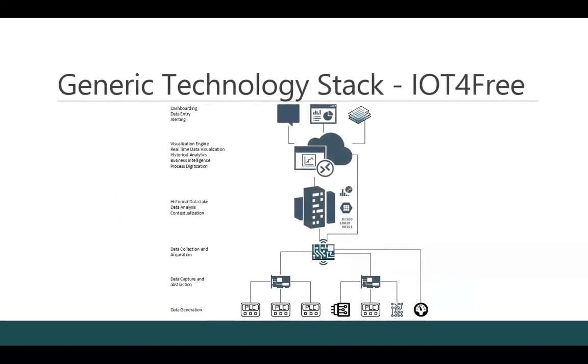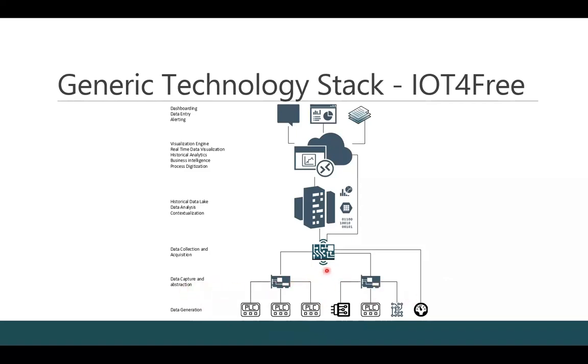So here, just quickly, I'm going to outline our generic tech stack for the IoT for free program. As you can see, the tech stack starts right down at the device level and enumerates all the various transitions. The tech stack is as follows from the bottom up. We have data generation, capture, and abstraction in this layer here.